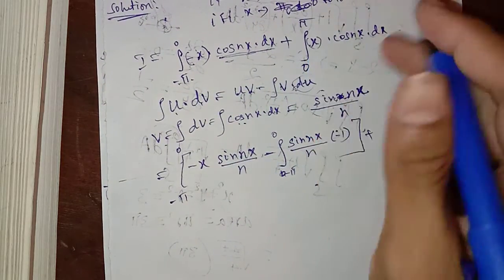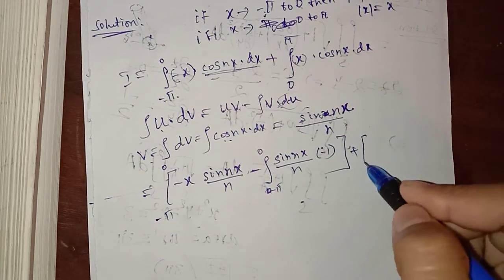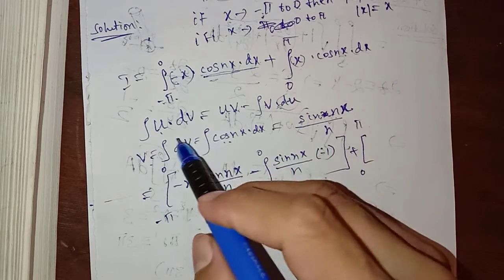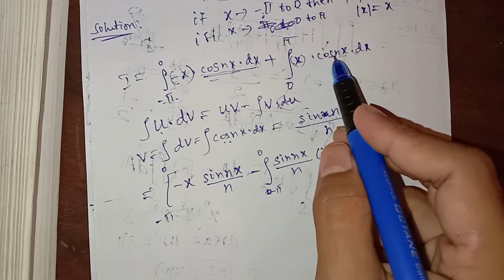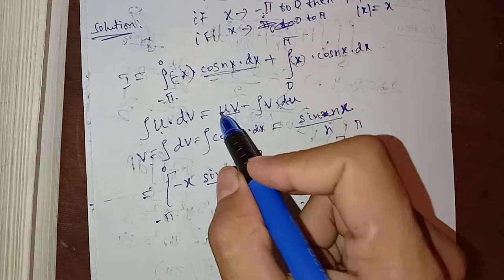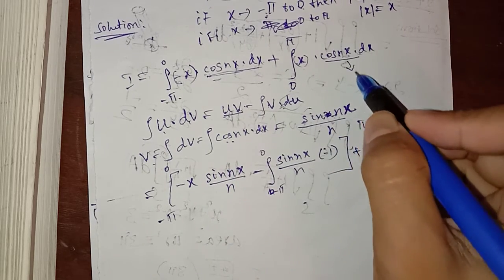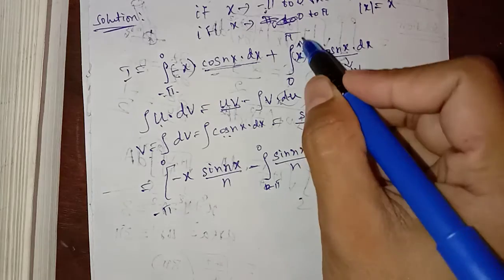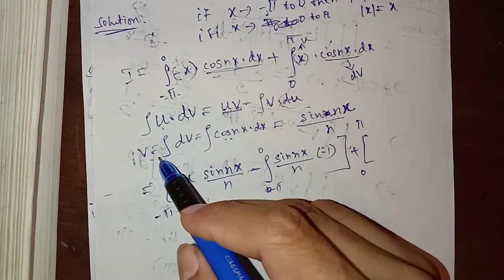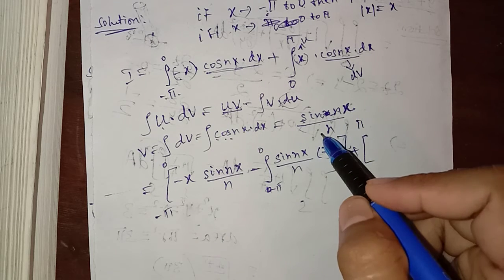In the same manner, for the second integral from 0 to pi, in the place of u we take x, and in the place of dv cos nx dx. Then v is the integration of cos nx, that is sin nx divided by n.